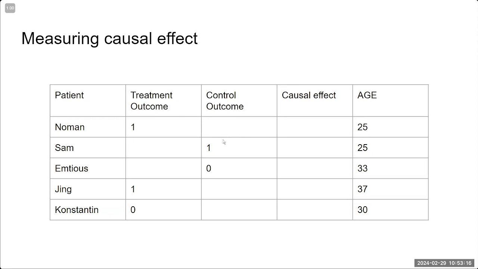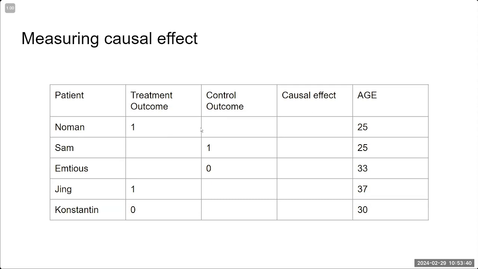I see. So those empty cells are inferred using some model. Yes, they're inferred using some model. If we consider a matching model, we can think that Noman and Sam have similar ages, so they will have similar outcomes. Noman will have control outcome 1 here.